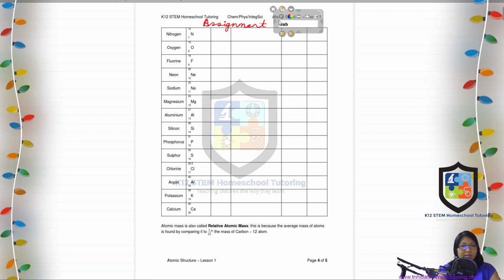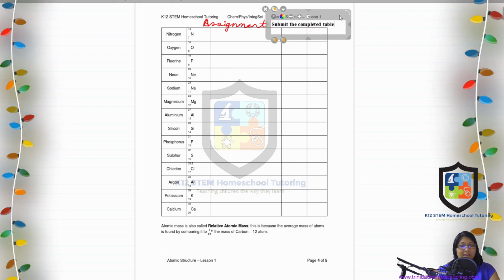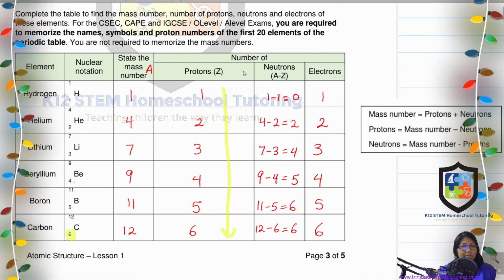Right, so submit the completed table. Right, so that's your assignment for this lesson. So it's pretty short, but there are things that you need to memorize. Okay, so continue your calculations. Alright, from here, state your mass number, state the number of protons, your neutrons, and your electrons.